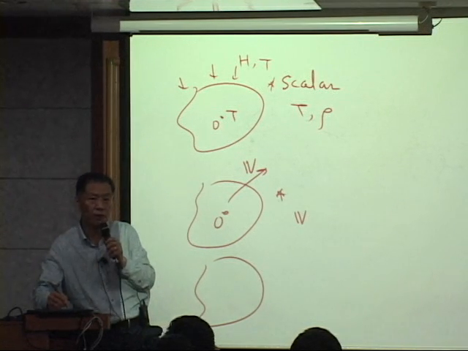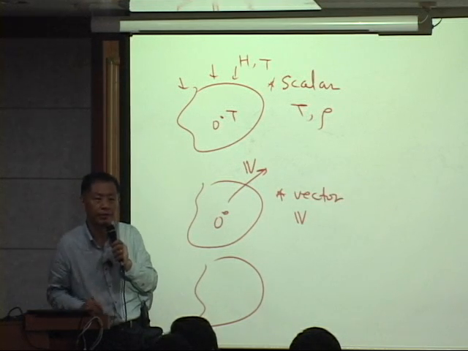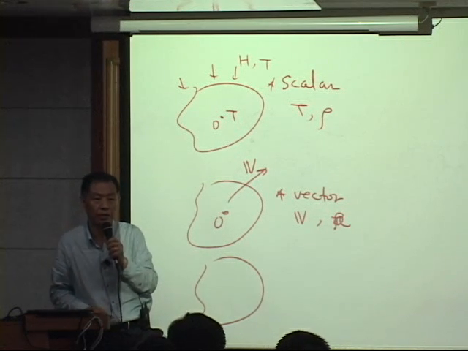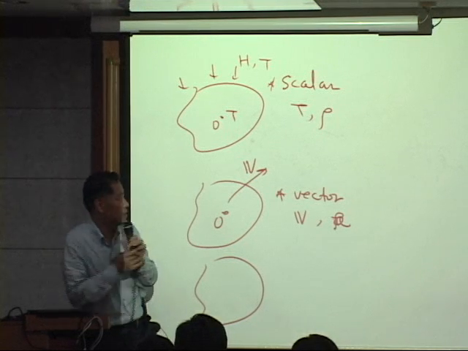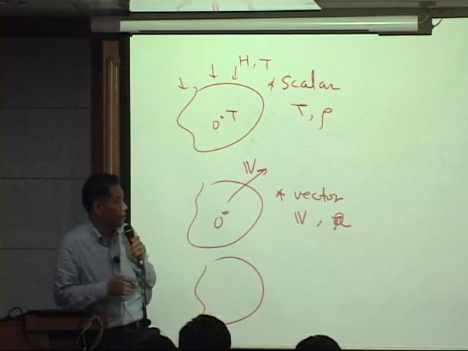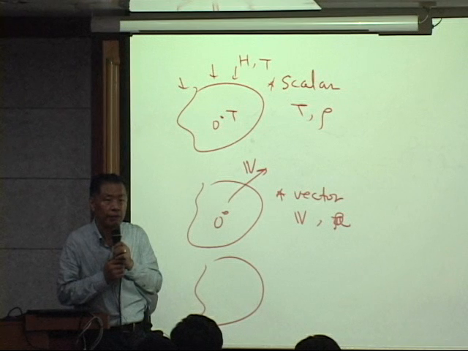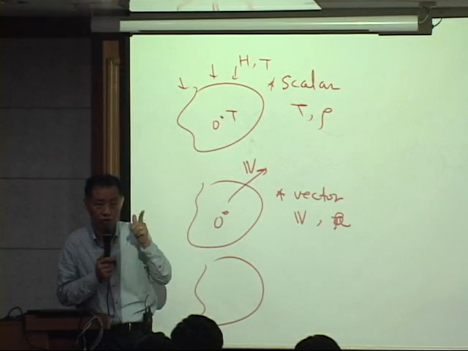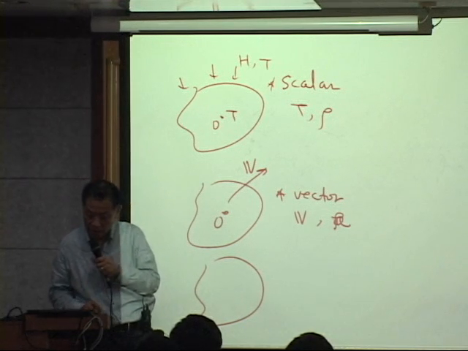And this physical quantity we call what? Vector. Velocity or acceleration, this kind of physical quantities are called vector. A vector should have not only magnitude, but also some direction, right? That is what the vector is for.